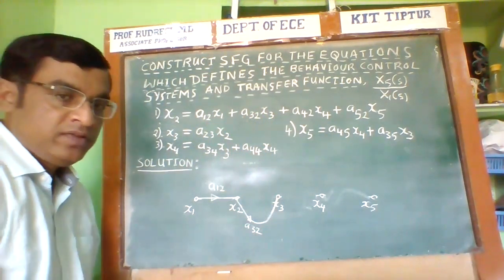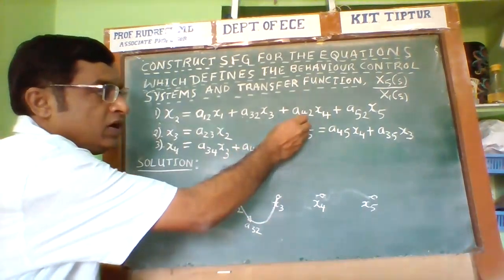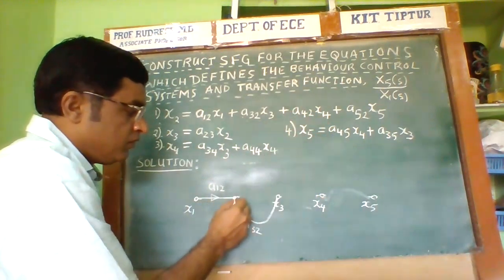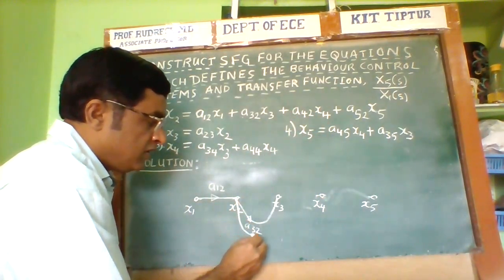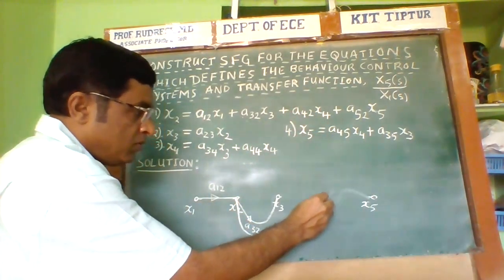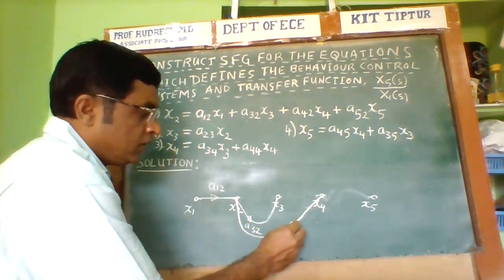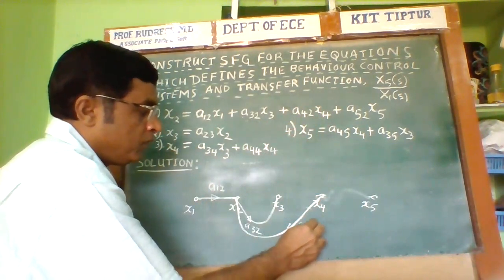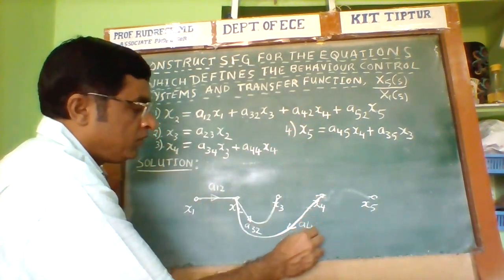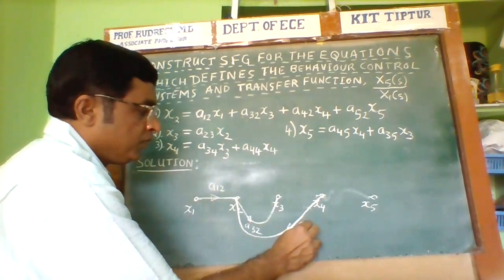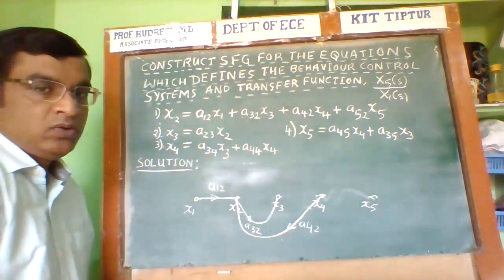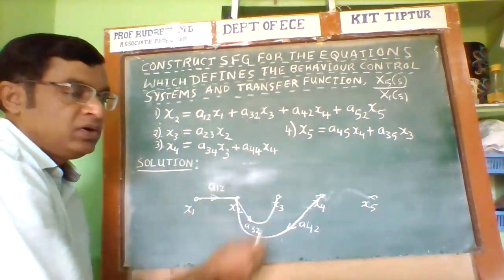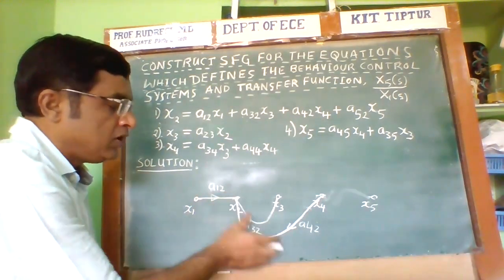Similarly, there is another signal from the node x4. The gain of this branch, from the fourth node to the second node, is A42. A42, A32 and A12 are the gains of these particular branches.